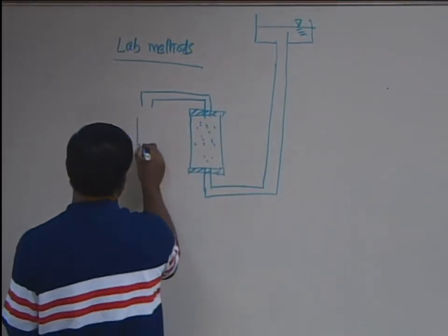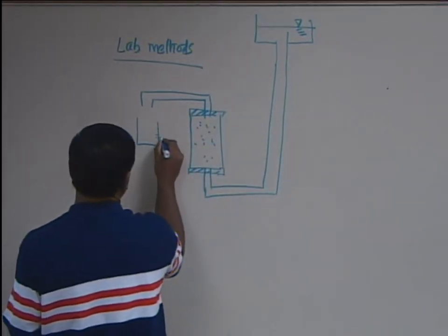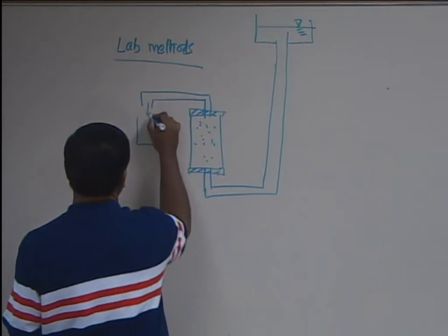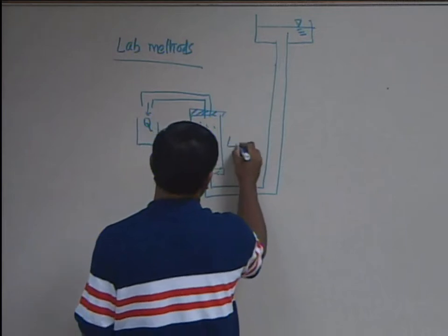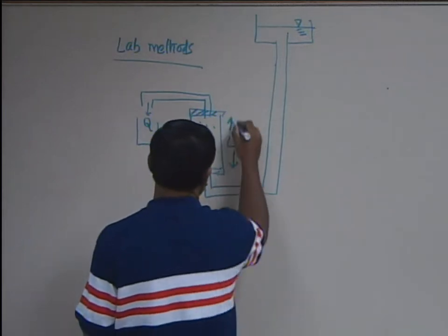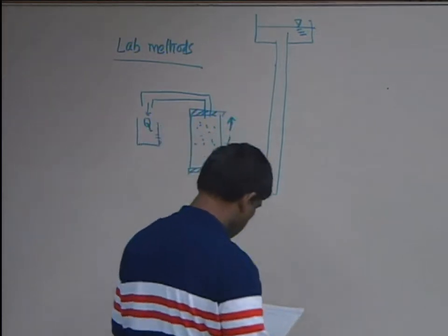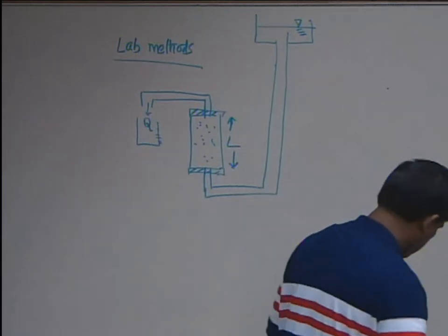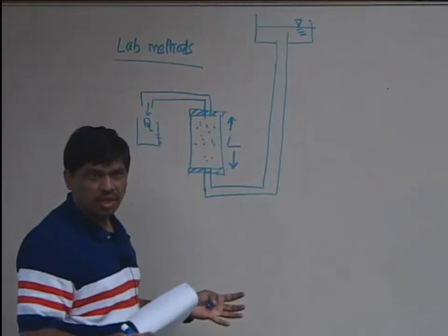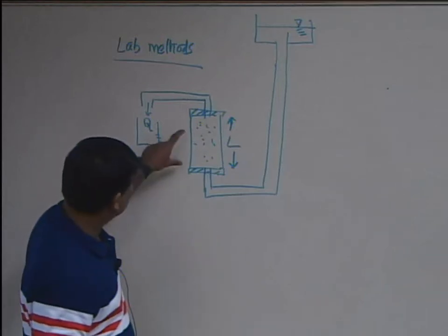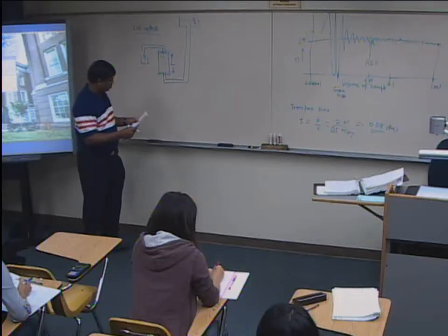Okay, and here you have a graduated cylinder and you measure the flow. Okay, and the length of the sample is this. And in your geotech you probably would have done this. Okay, so you force some head through the system.